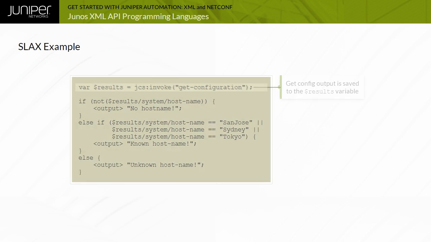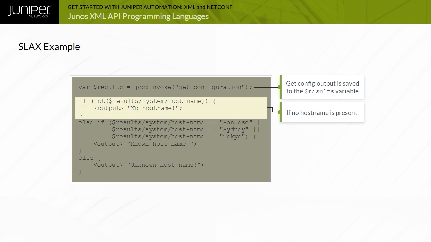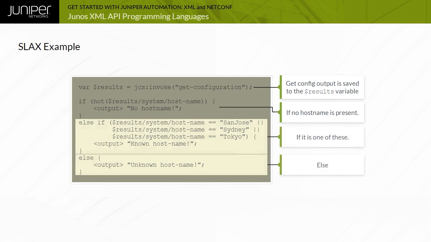Here is the portion of a SLAX script that invokes the Junos get-configuration remote procedure call, or RPC, on a local device, stores the output in the $results variable, and checks for the presence and value of a hostname in a Junos device configuration using XML Path Language, or XPath. Using XSLT, instead of familiar if, else if, and else programming statements, you would use when statements and create a program as an XML file.